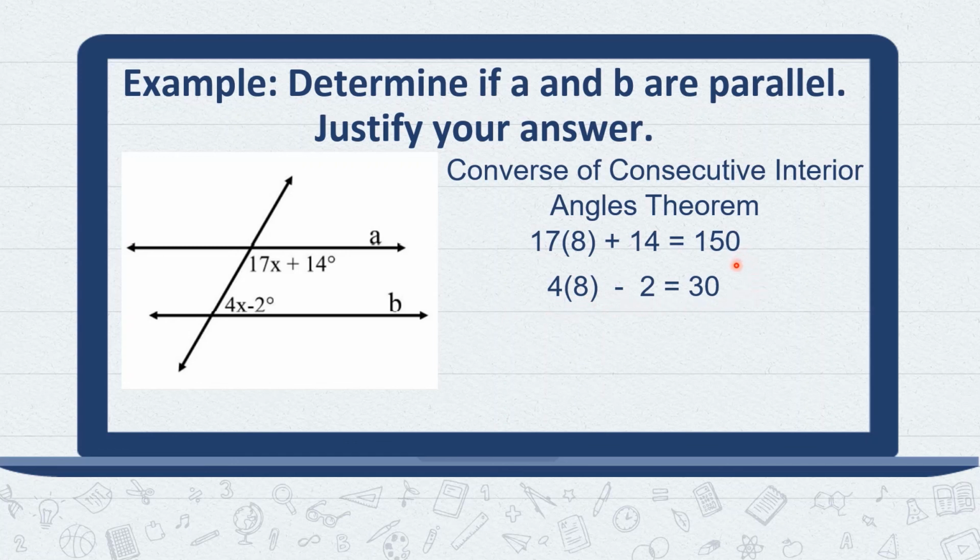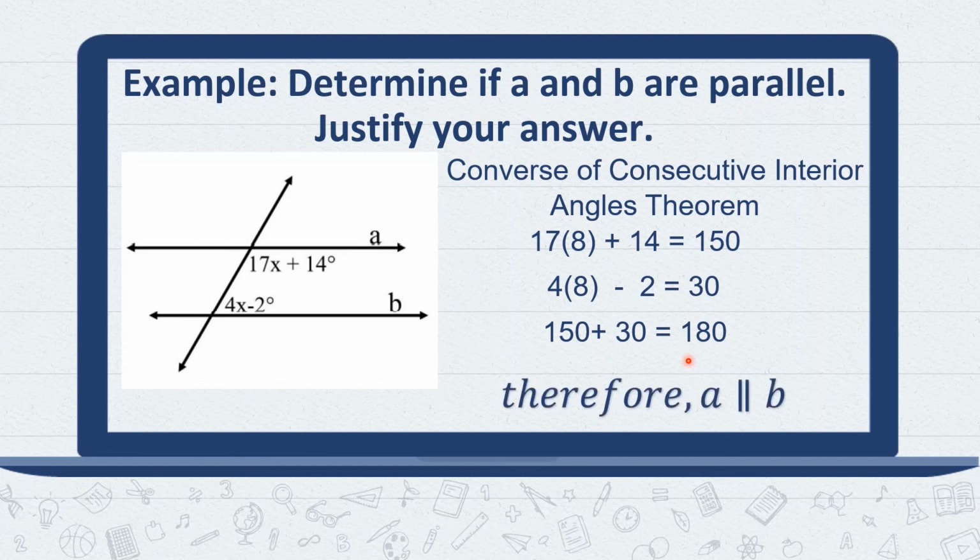When we get the sum, 150 plus 30 is 180. So therefore, they are supplementary. Now we can say that line A and line B are parallel by the converse of the consecutive interior angles theorem.